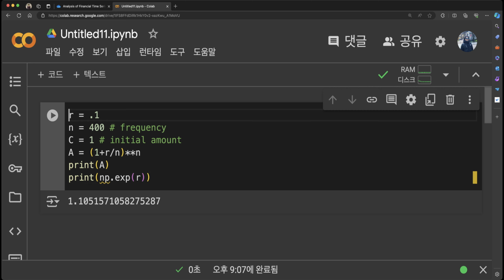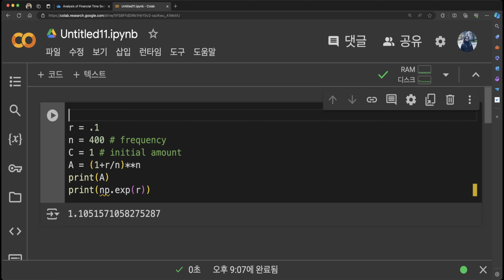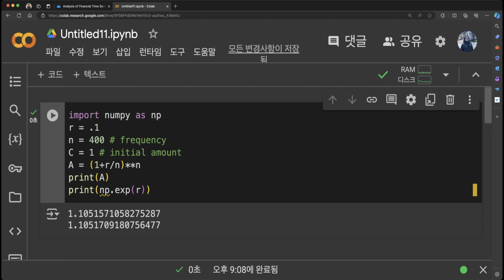Also, import numpy as np. Yeah, they are almost the same. Okay, so I think you learned in high school, when N is very large, this number converges to the exponential, right?